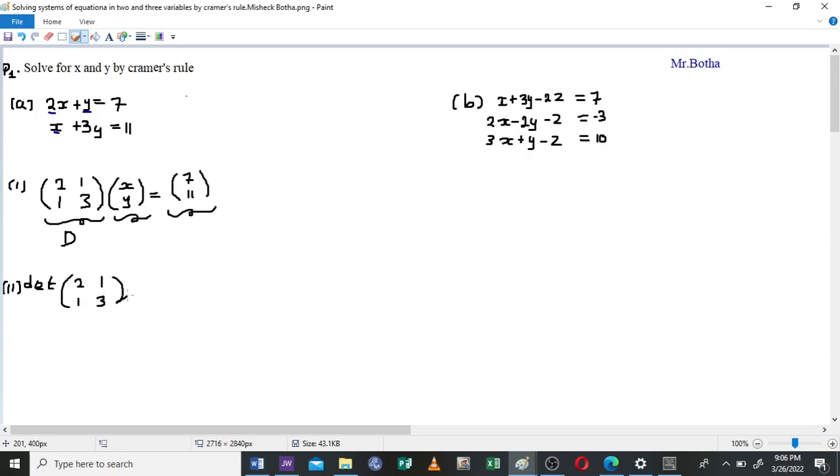Now we know that to find the determinant of this, we use the formula AD minus BC, right?